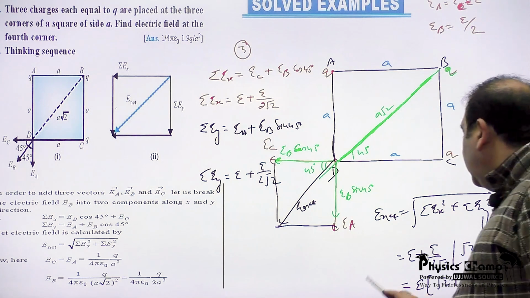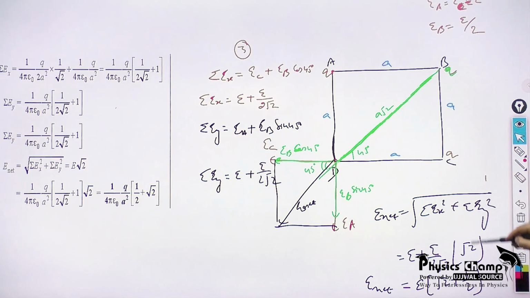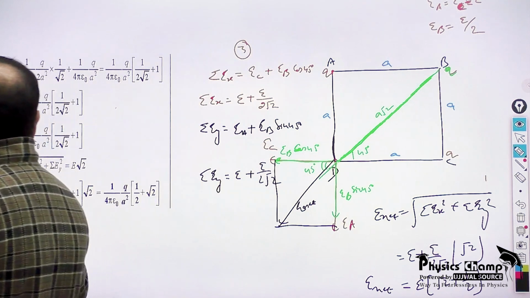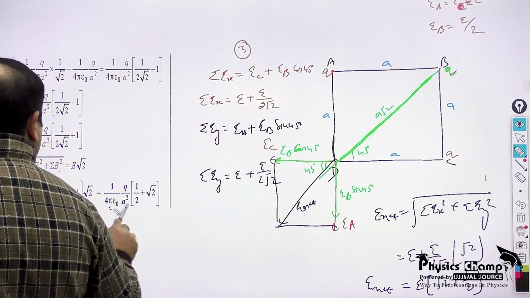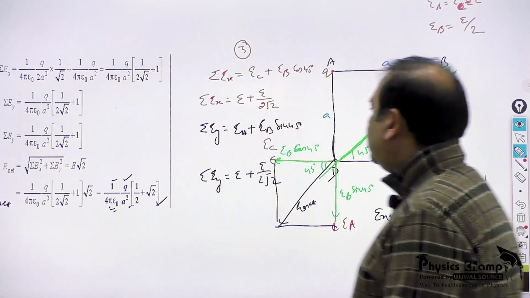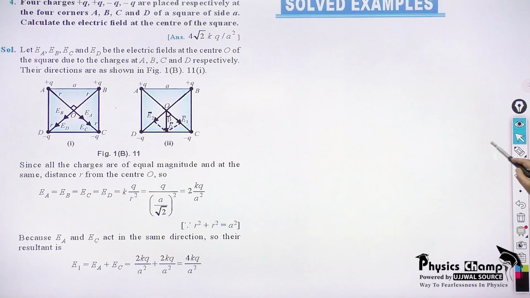This is giving you the net electric field. So the same thing you can see here, we are getting the same answer. E net is equal to 1 by 4 pi epsilon naught q by a square into 1 by 2 plus root 2. So we can get the net electric field in this situation. So it was a simple case of superposition principle where you are having 3 electric fields.